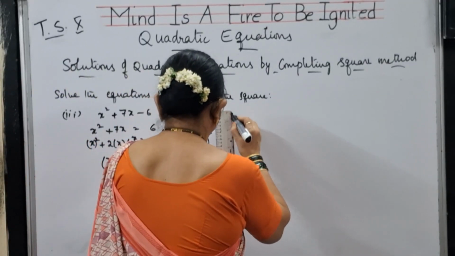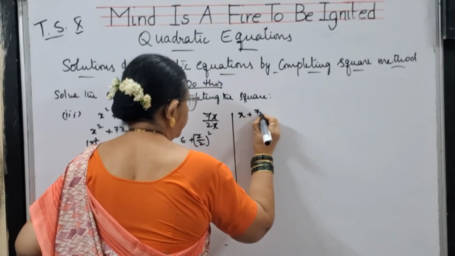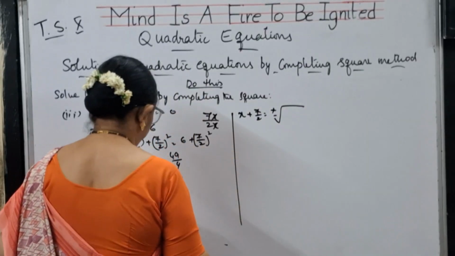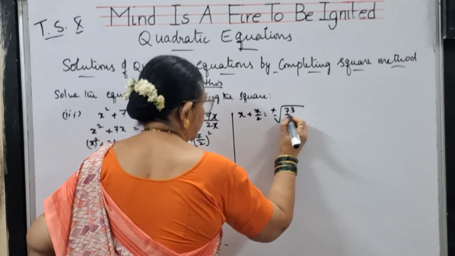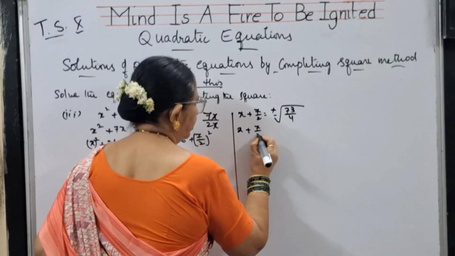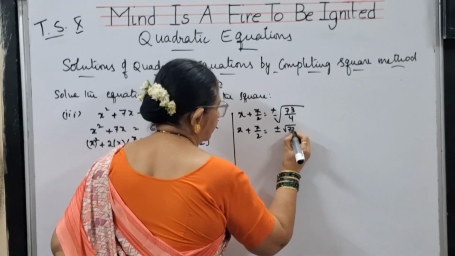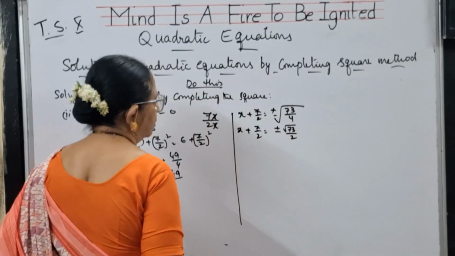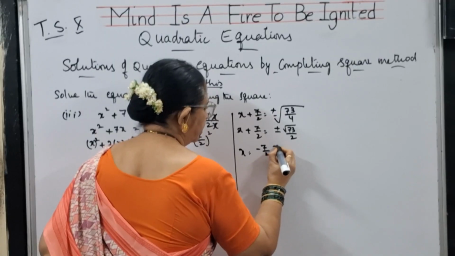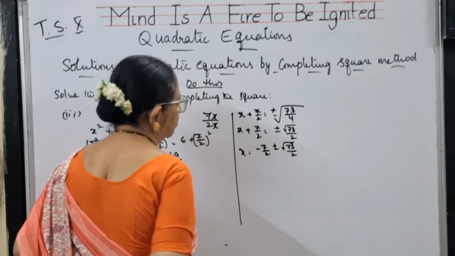Now, x plus 7 by 2 is nothing but plus or minus root of 73 by 4. That means x plus 7 by 2 is equal to plus or minus root 73 by 2. So x is equal to minus 7 by 2 plus or minus root 73 by 2.